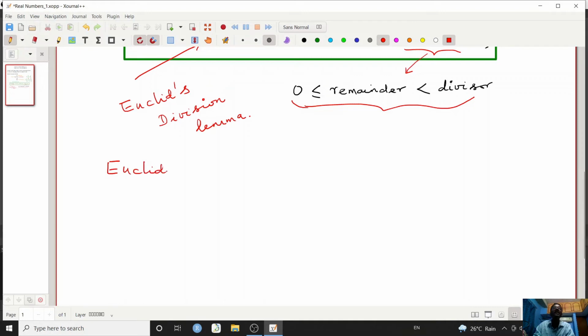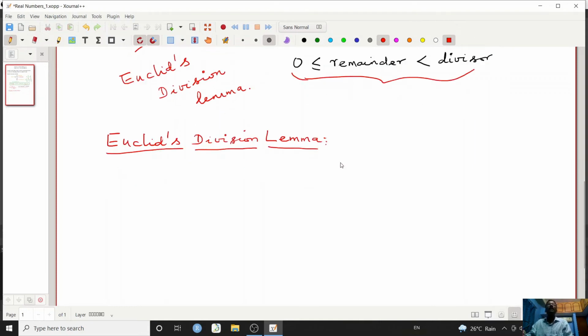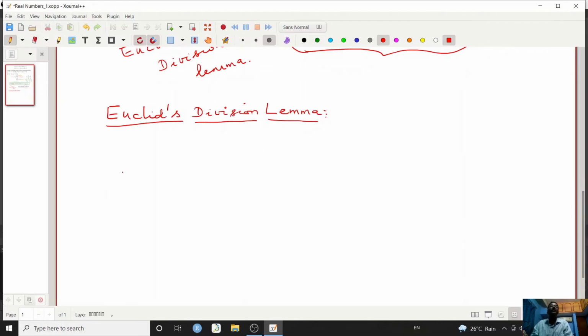Euclid's division lemma. We all know that we usually make use of division with the integers only. So we are going to make a statement about Euclid's division lemma about integers.